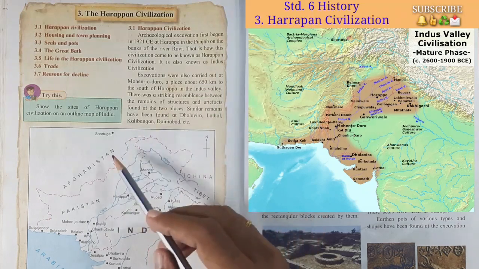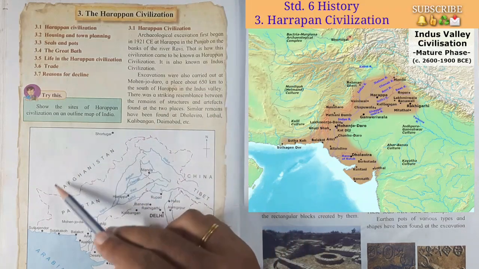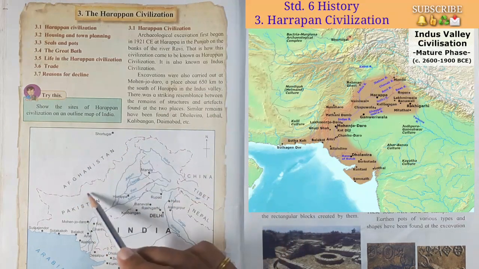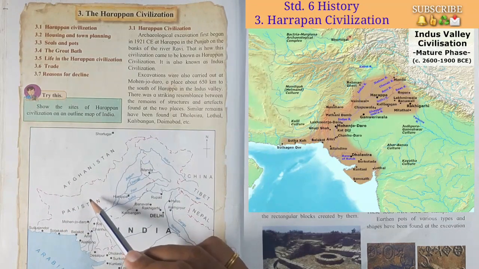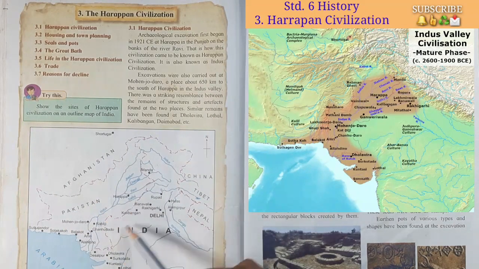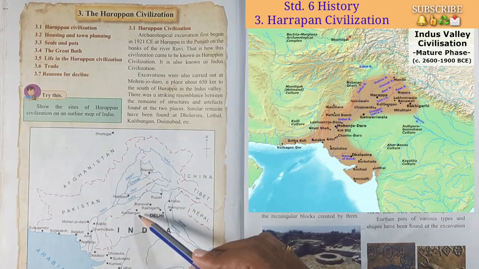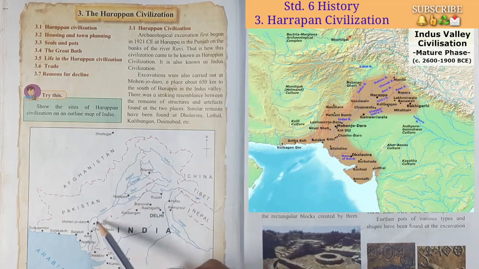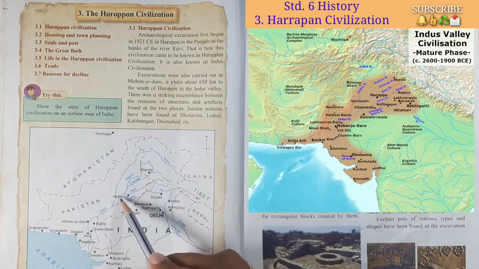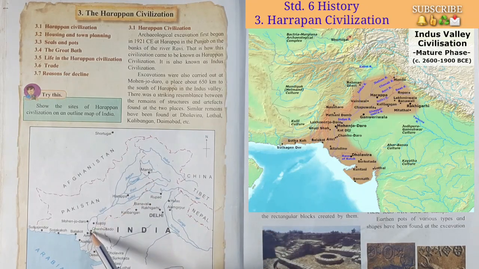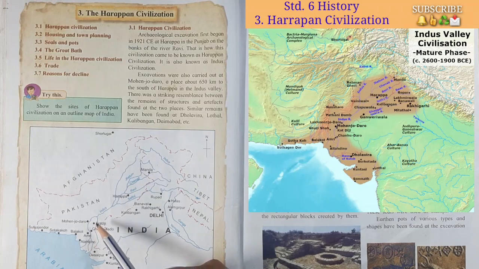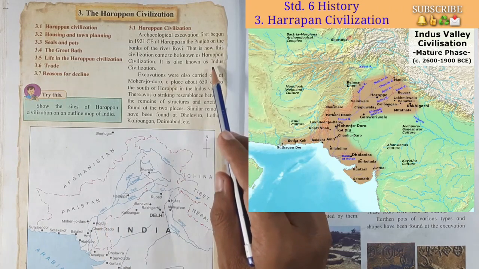The area stretched from today's northeast Afghanistan through much of Pakistan and into western and northwestern India. It flourished in the basin of the Indus river. Have you understood? So this is the brief information about Indus civilization.